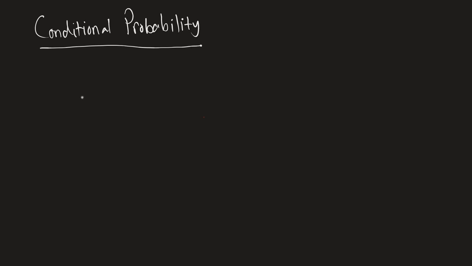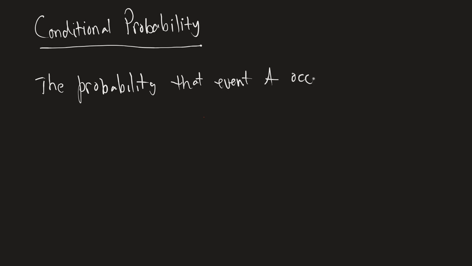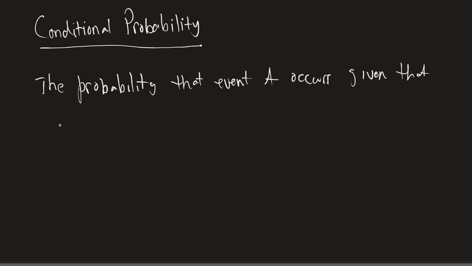That's the concept behind it, and how do we write this down? So the probability that event A occurs given that event B has occurred, right?